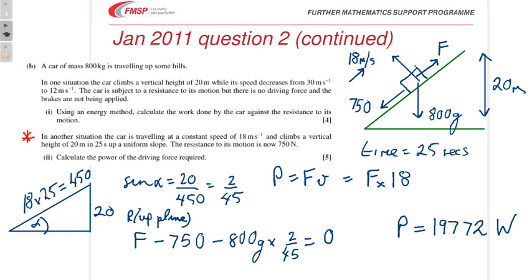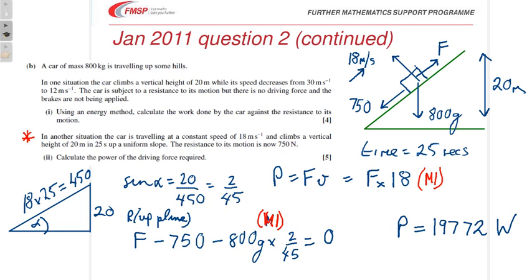For this part of the question there were 5 marks, 2 method marks, 3 accuracy marks. So the method marks were for the resolving equation and for the P equals FV.